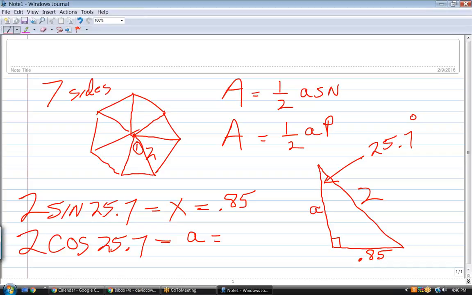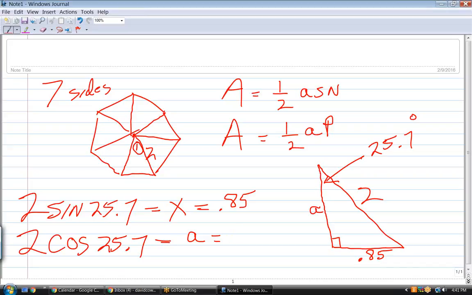Okay. So we could use, in other words, put this into your calculator, come up with a number for that. All right. And in your calculator, you can do 2 times cosine 25.7 end paren, and it'll give you one number.